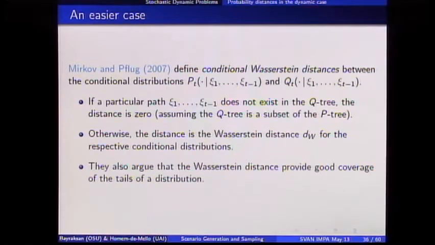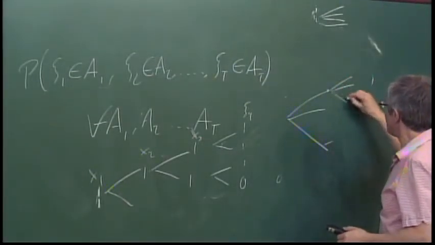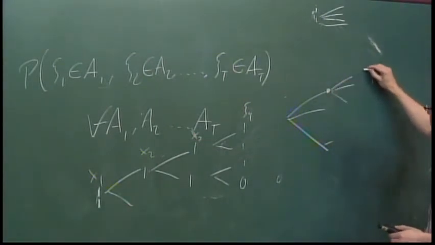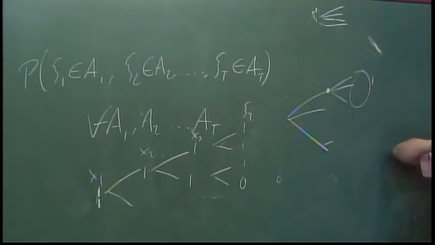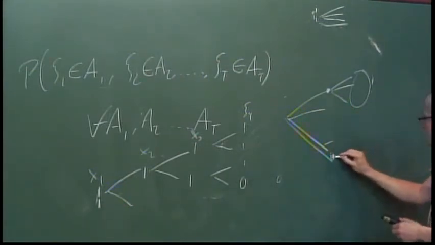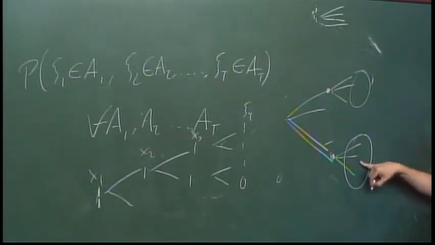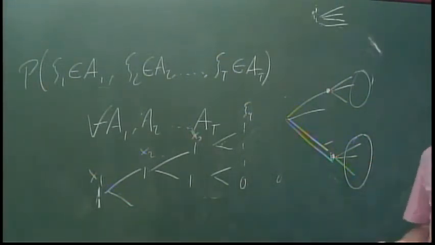The conditional distribution is, well, if you are here, right? If I'm standing at this node, I'm going to look at this distribution here. What comes later? If I'm standing at this node, I'm going to look at what's the distribution of these quantities. Okay? So those are these conditional distributions.